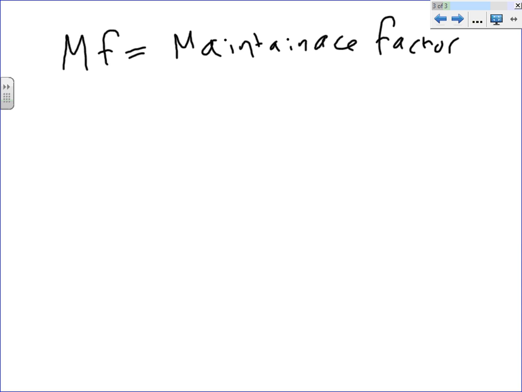You're going to hear the word maintenance factor. Maintenance factor.